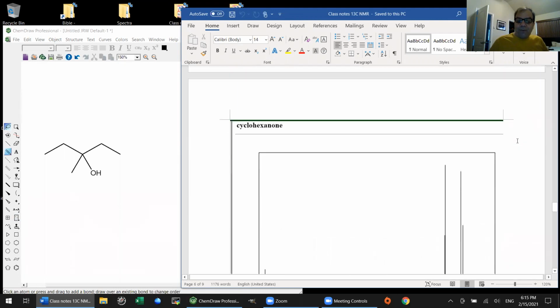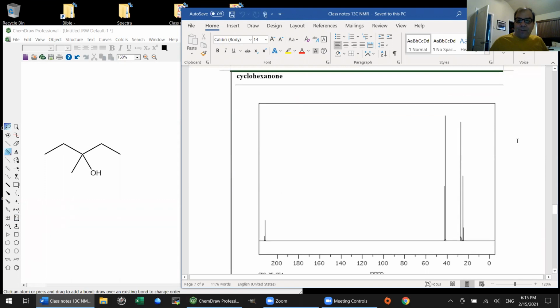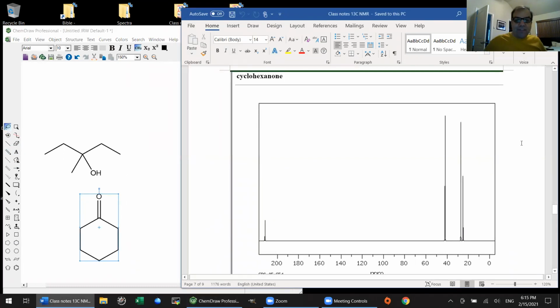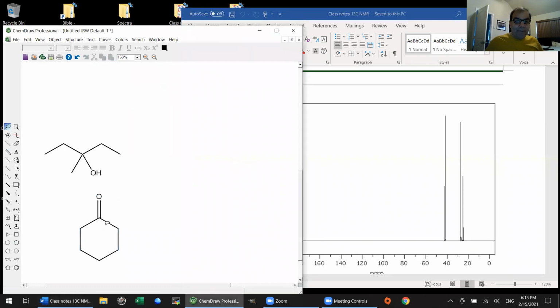What if we started introducing some unsaturation? This one here is the spectrum of cyclohexanone, which I bet you could draw. Maybe we haven't officially learned how to name ketones yet, but cyclohexanone, right, no big surprise. I think you all would have guessed that that's the structure. So now how many types of carbon do we have? Well, we have the unique carbonyl carbon, of course.